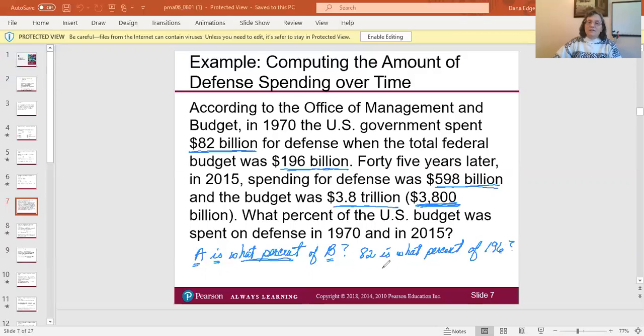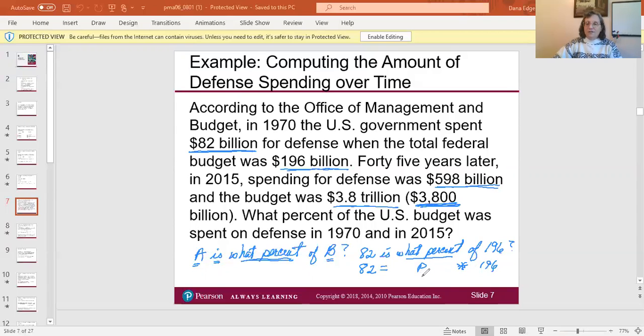Your is always changes to equals. Equals is math for is. So 82 equals what percent, this is our unknown, so we could put in a P or an X or whatever, of, which generally means times, 196.